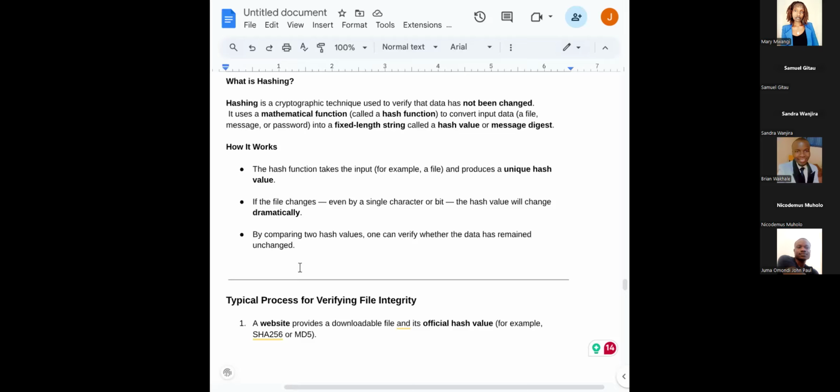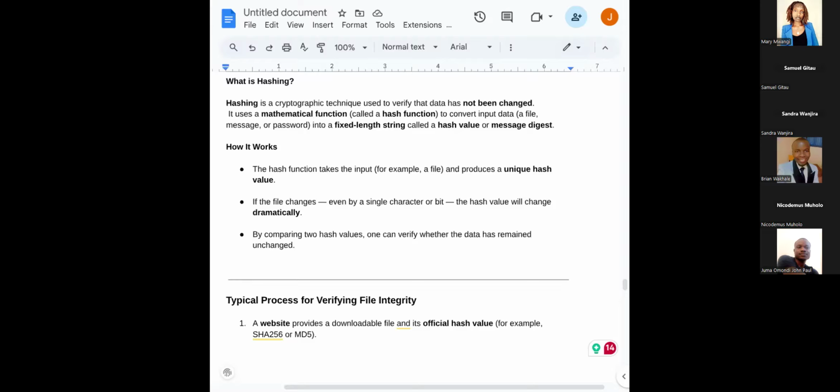It takes your input, for example your password or your file, and produces a unique hash value. If the file changes, even by a single character or even by a bit, the hash value will change dramatically. By comparing two hash values, one can verify whether data remained unchanged.